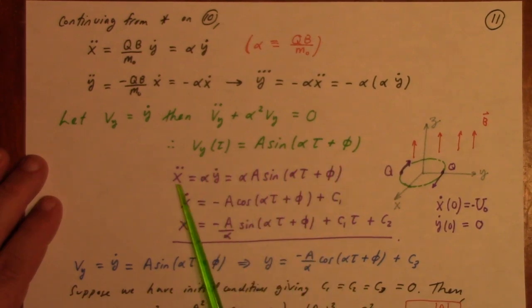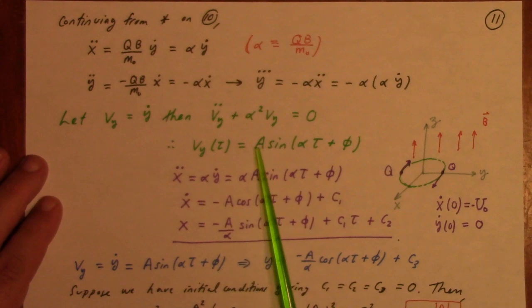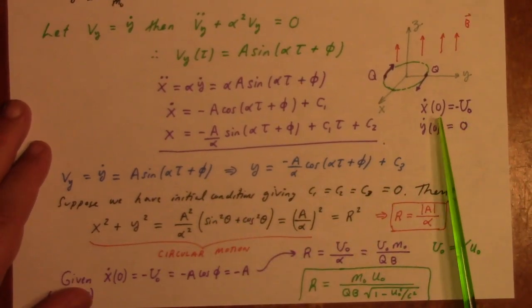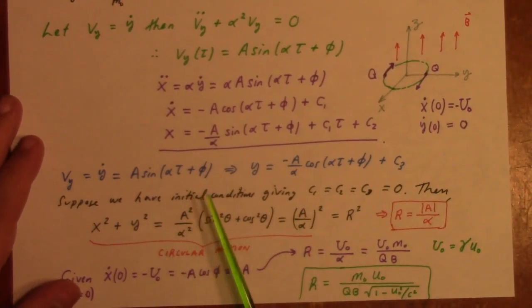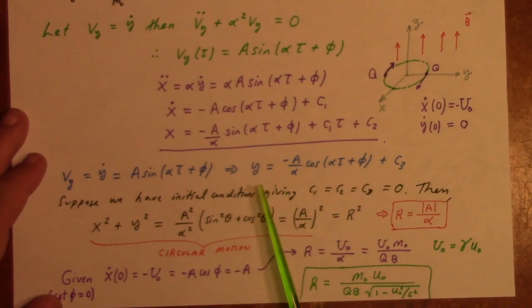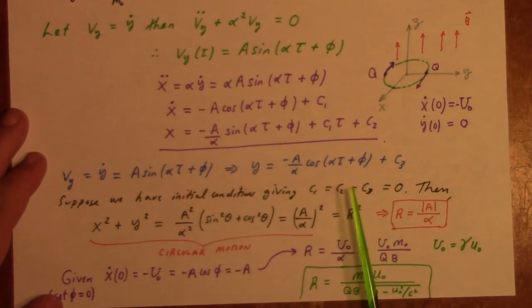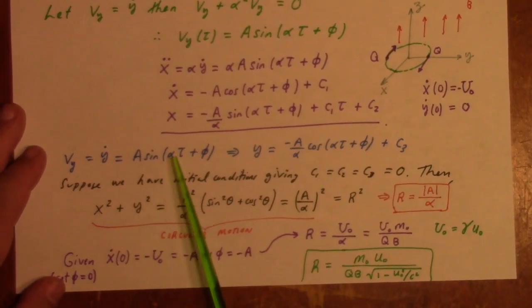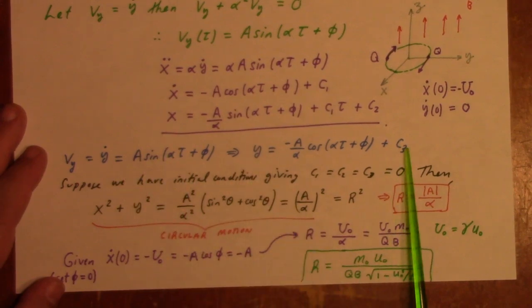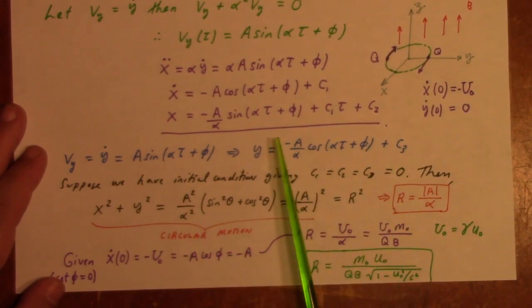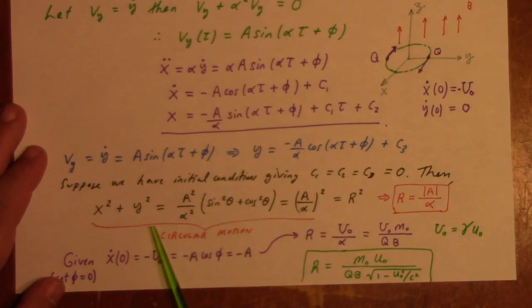But I know that x double dot is alpha y dot, and y dot is literally a sine of that. So I can integrate this once, integrate again, and get that. Apply some initial conditions for convenience, setting C1, C2, and C3 to 0. Then my x and y are both like sine and cosine with a number up front, so you square them and you just get A squared over alpha squared.